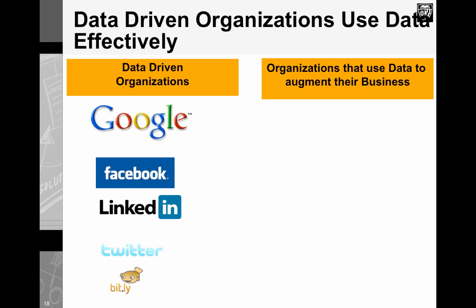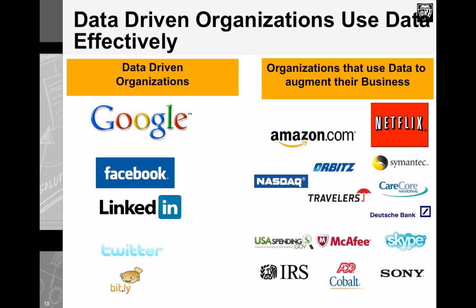Facebook is taking your data. LinkedIn is taking your data and sharing the data. So they're all about using the data to provide new services for their customers. They are pure data-driven organizations. Then there are organizations that use data to augment their business.